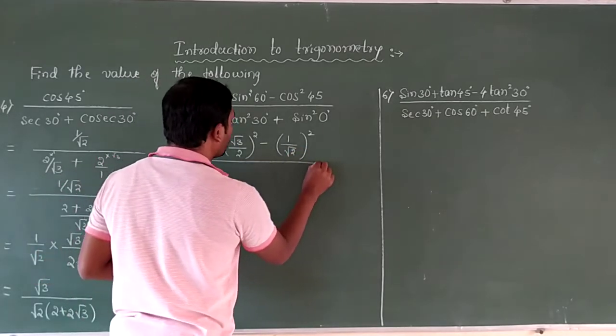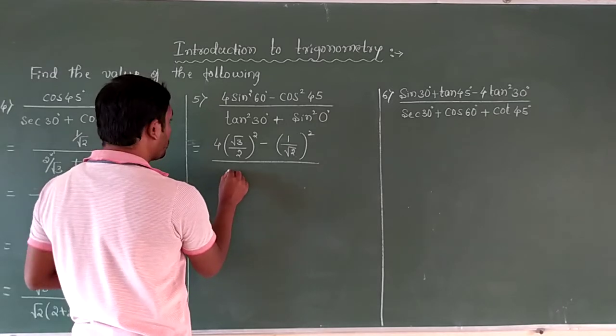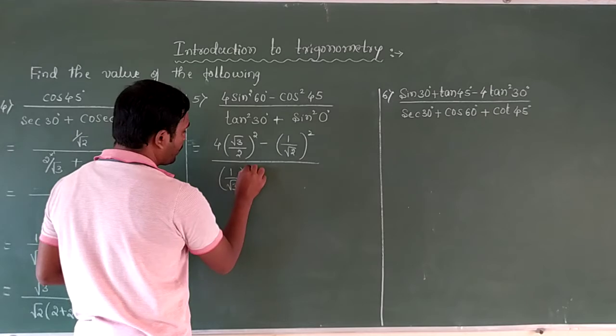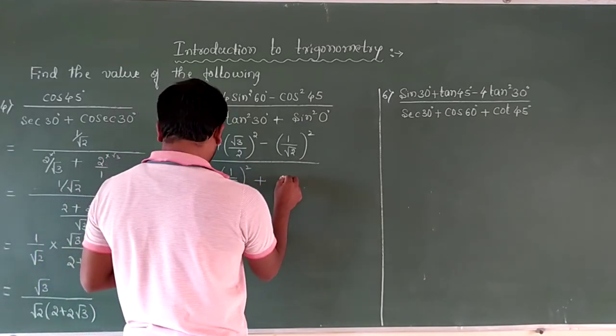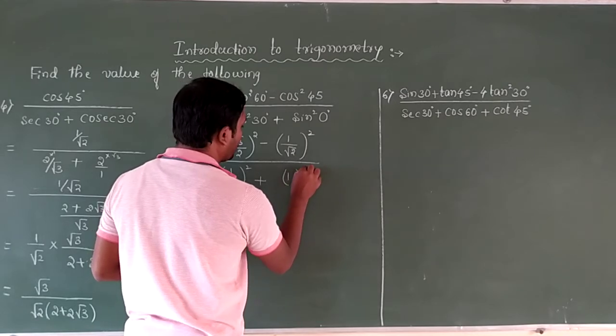whole divided by tan square 30 degree. Tan square 30 degree is what? Tan 30 degree is 1 by root 3, 1 by root 3 whole square plus sin square 0. Sin 0 is 1. Sin square 0 is 1 square.